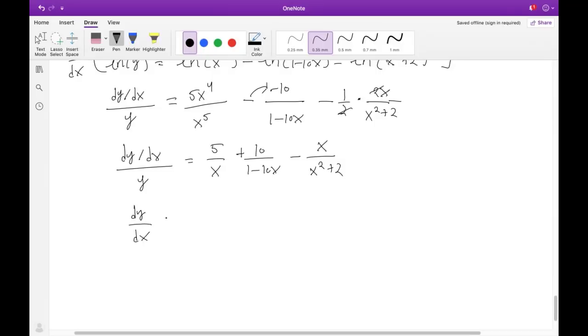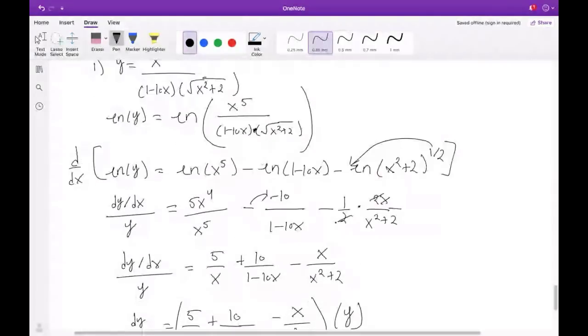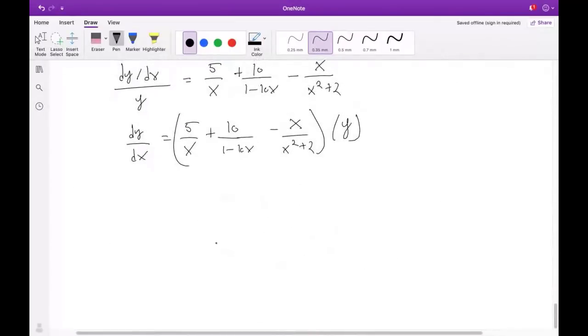So dy over dx is equal to 5 over x plus 10 over 1 minus 10x minus x over x squared plus 2, all of this multiplied by y. And we know what y is from the beginning of the problem. So then we plug that into my final answer.